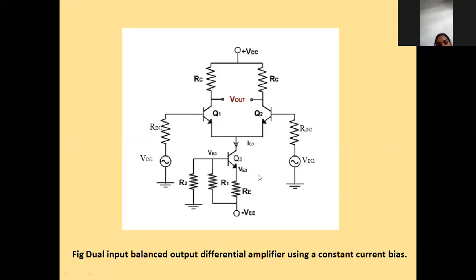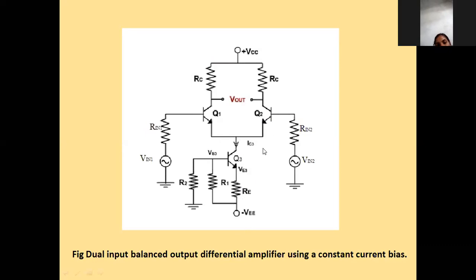To get a constant current, instead of RE we have to replace it with another circuitry called the voltage divider circuitry, where we use another transistor, Q3, connected to VEE, which is a common source for both transistors, Q1 and Q2.